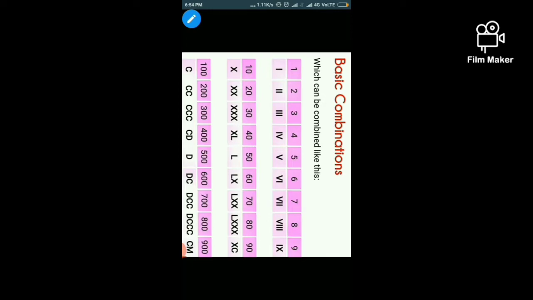If you want to write 9, I and X will be combined. 20 is two X's combined, 40 is XL, 60 is LX, 90 is XC, 200 is two C's combined, 400 is CD, 600 is DC, 900 is CM. So these are the combinations of the symbols you can see here.